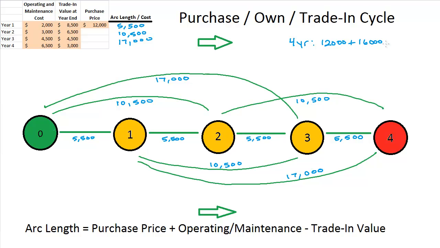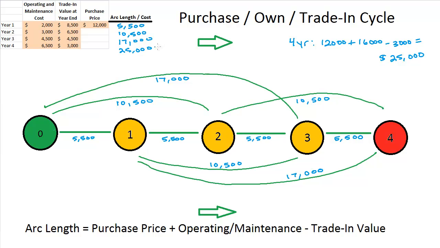Minus a $3,000 trade-in. Because it's quite an old car now. It would be 7 years old by this time. So we're only going to get $3,000 on the trade-in. Now this total cost comes out to, believe it or not, $25,000.